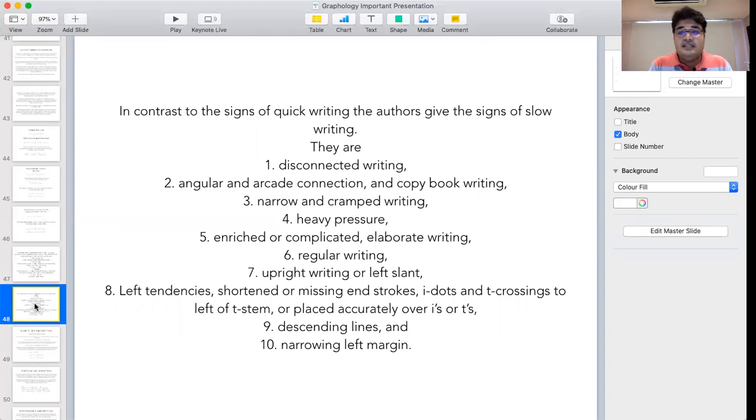In contrast to the signs of quick writing, the authors give the signs of slow writing.